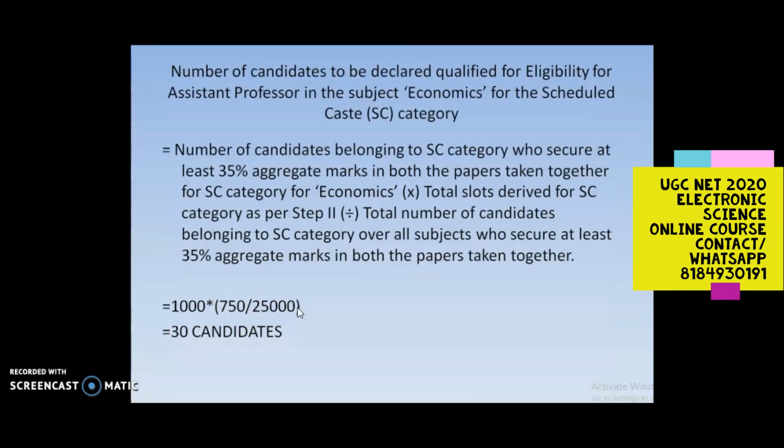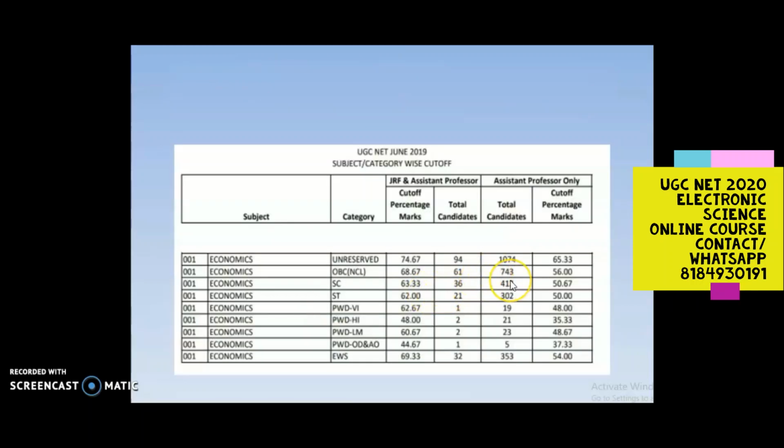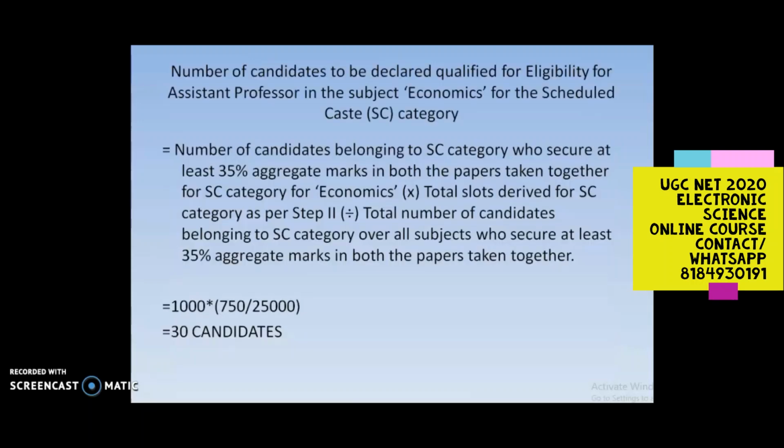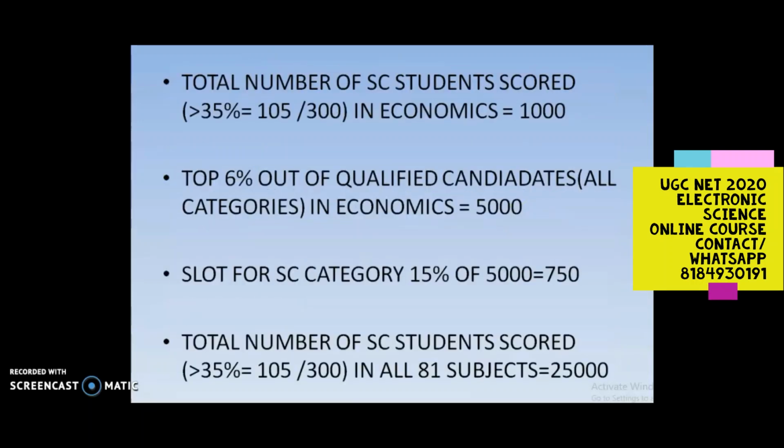If we take the perfect calculations, then we will get the exact number of candidates. Anyhow, what we are going to get at the end is that the result will be declared by the National Testing Agency in the last week of December 2019. So in this way the NTA is going to calculate; this is the procedure and criteria for the declaration of the result by the National Testing Agency.